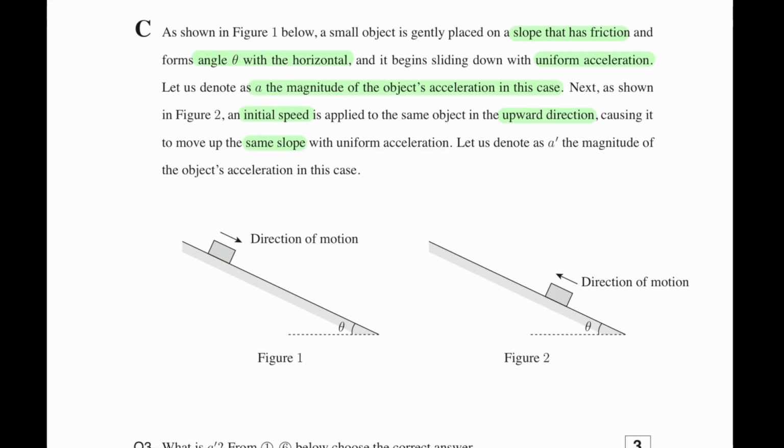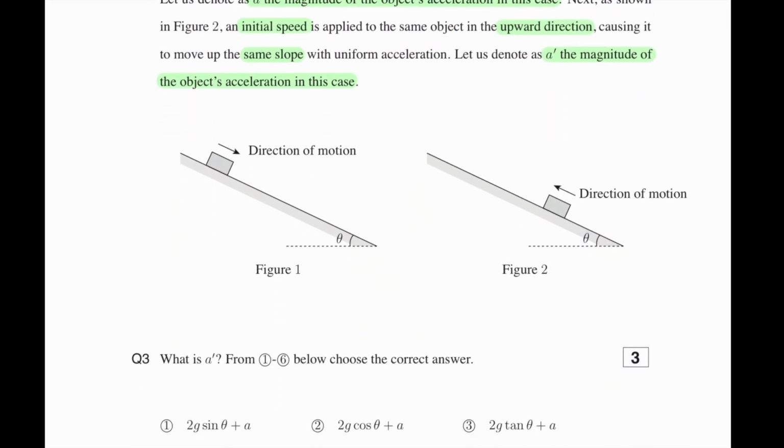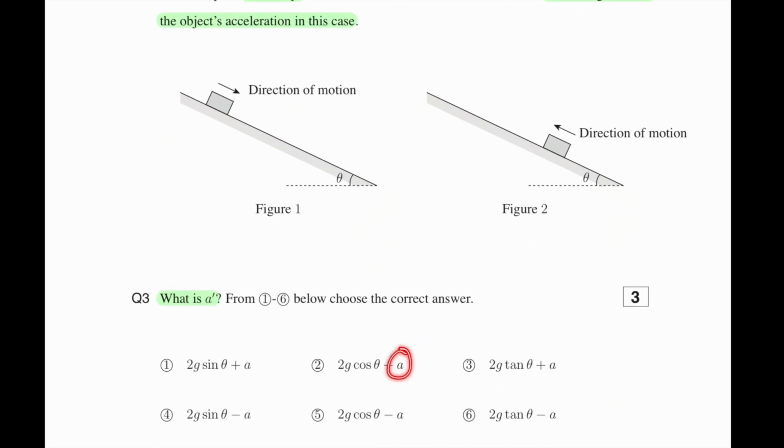And then let us denote as A prime the magnitude of the object's acceleration in this case. So the acceleration of the first figure is A, and the acceleration of the object in the next figure is A prime. And then the question is, what is A prime? We want to find the acceleration for the second figure, and we have to express it in terms of A, which is the acceleration of the first figure.